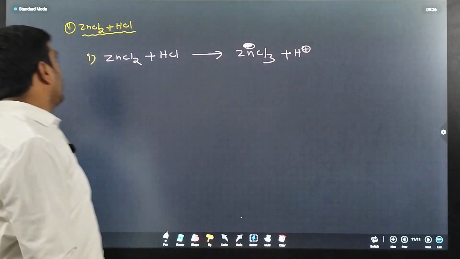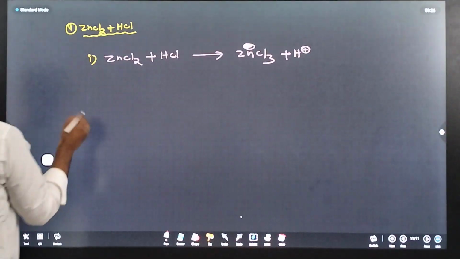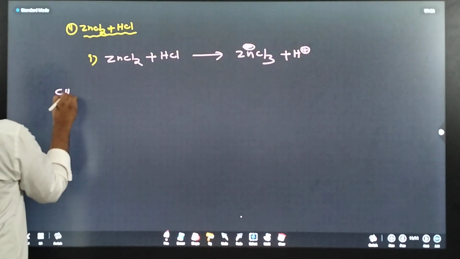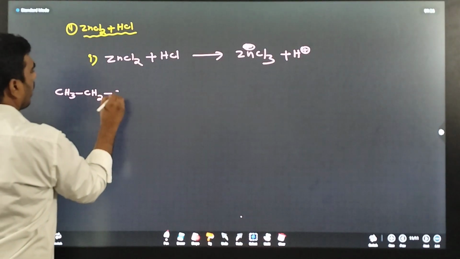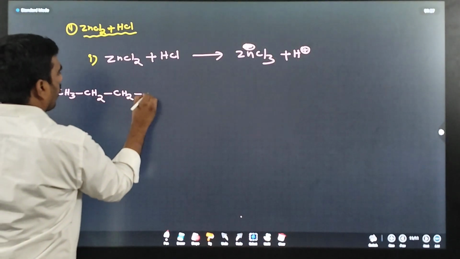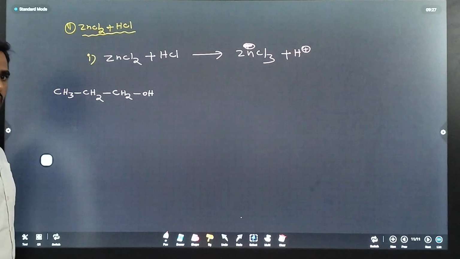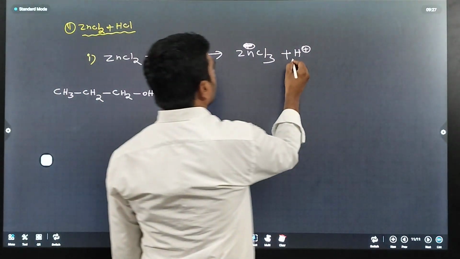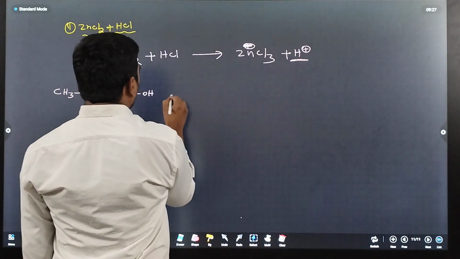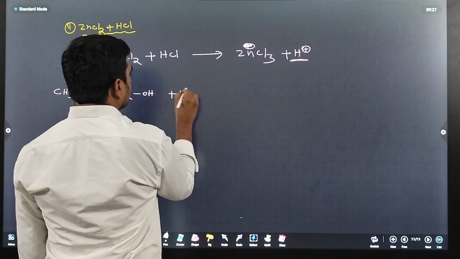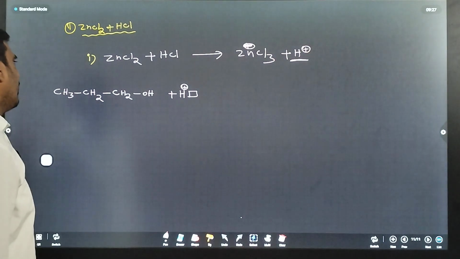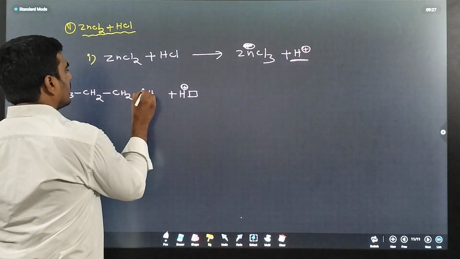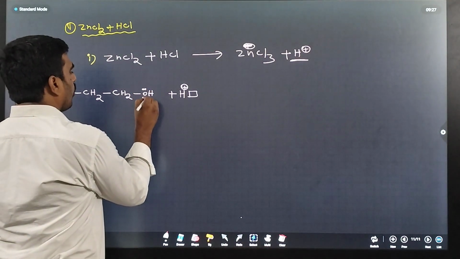So here I can take one alcohol, CH3 CH2 CH2OH. This is propanol. So here the H plus ion is there. H plus ion means Lewis acid, an empty orbital is there. In the alcohol, the oxygen contains lone pairs.